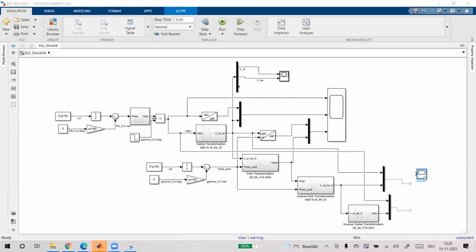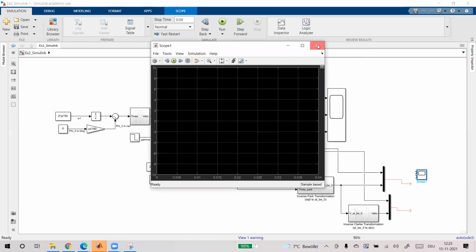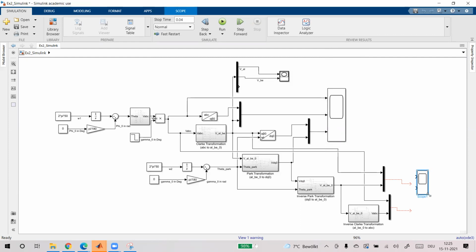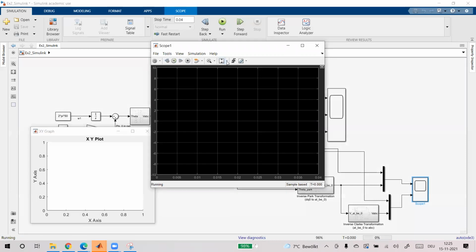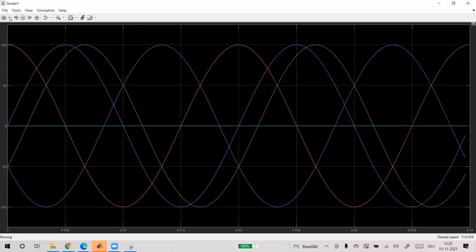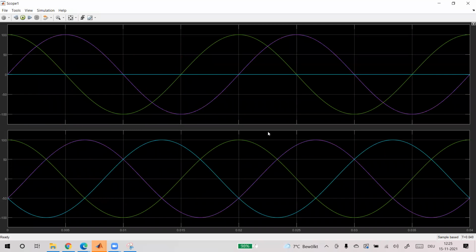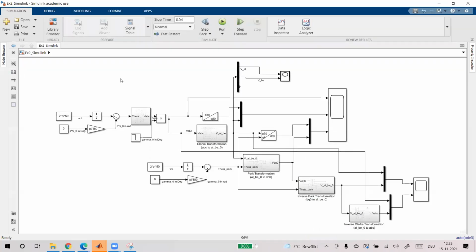So here you can see the results. So this is about the transformation stuff.